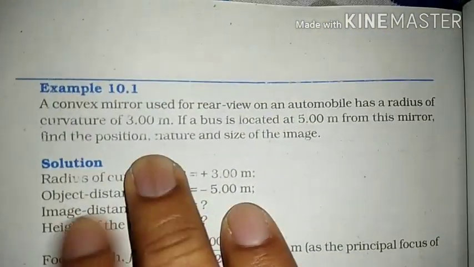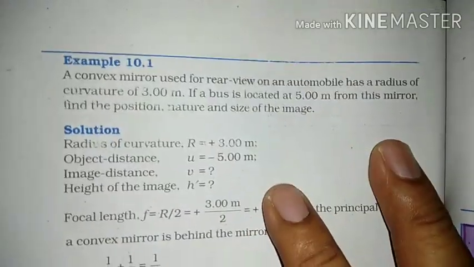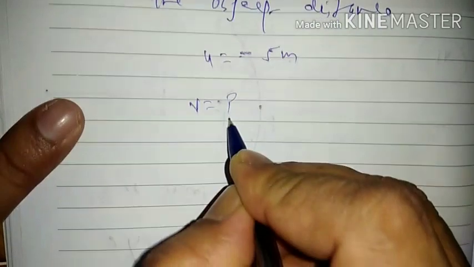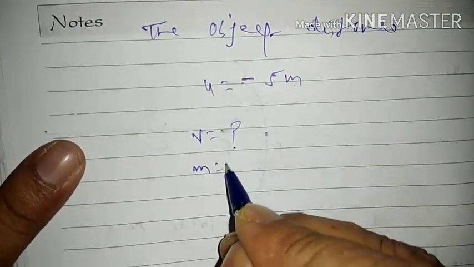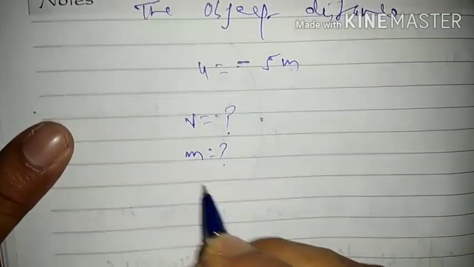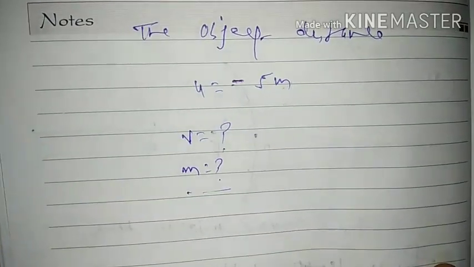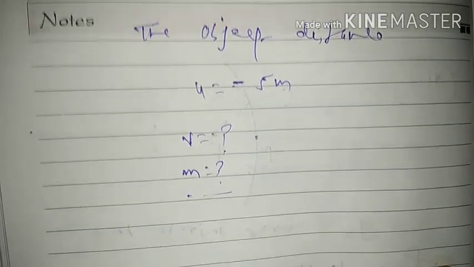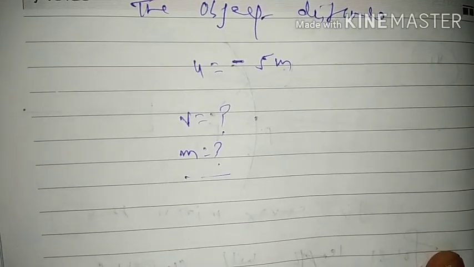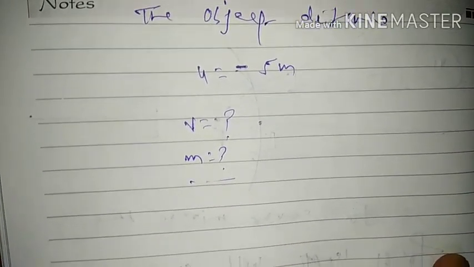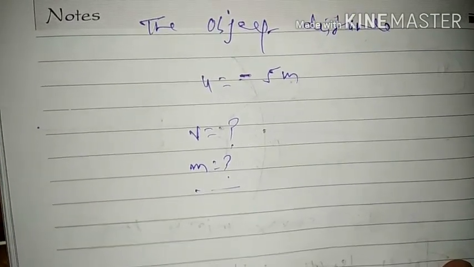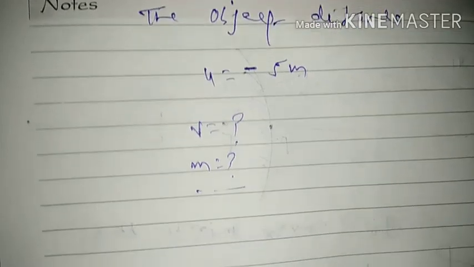See the next thing. For this mirror, find the position, nature and size of the image. So what is the position of image? That is, V is equal to what? Magnification is equal to what? And nature is equal to what, etc. So we have finished our 80% job, if we really learn the meaning of sign convention and the proper sign of any physical quantity while solving numericals.